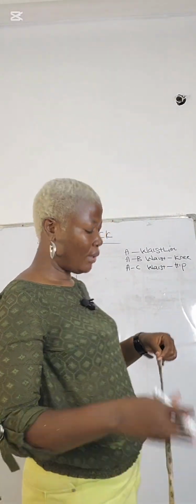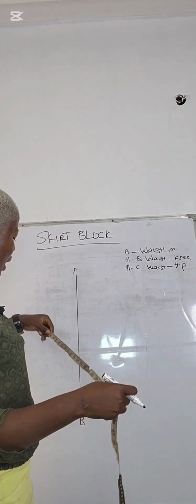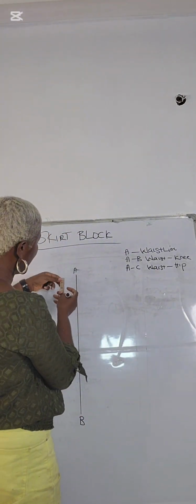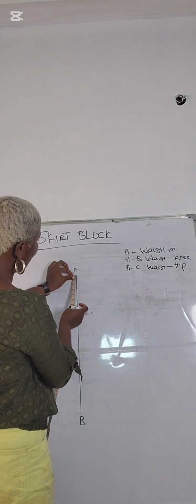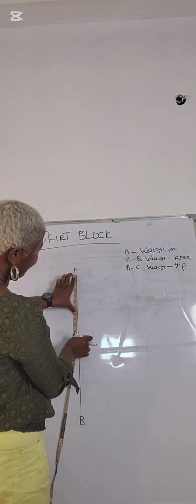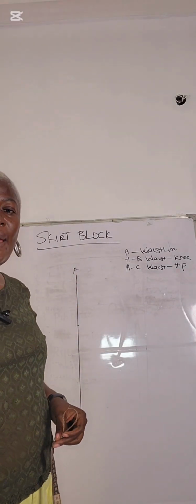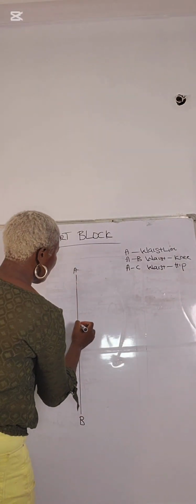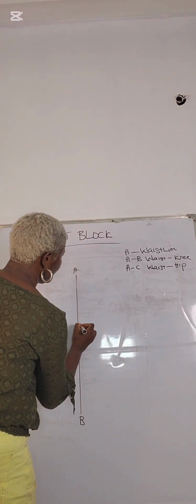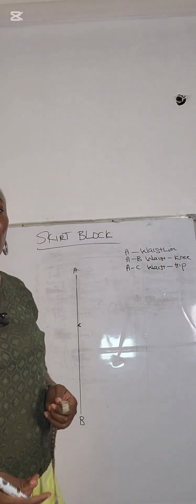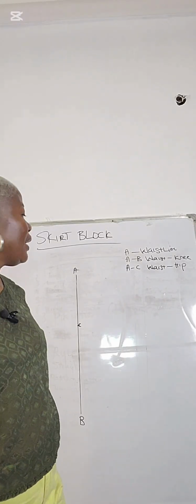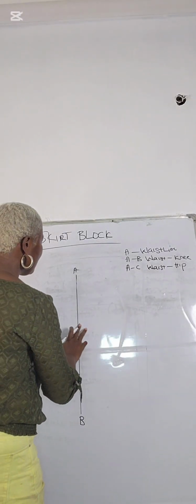My waist to hip is 9. So I'm using my measurement. So here is my waist to hip. I'll measure waist to hip. I have 9 inch. So here is my 9 inch. A to C is my waist to hip. So this is my C.